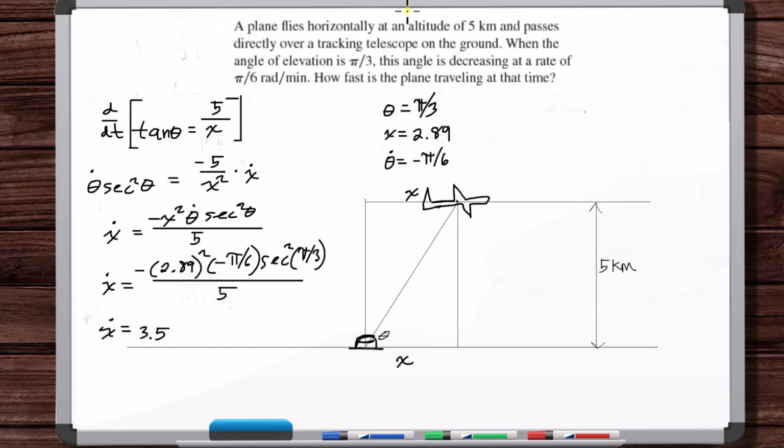What are the units? Kilometers and minutes. There we go.